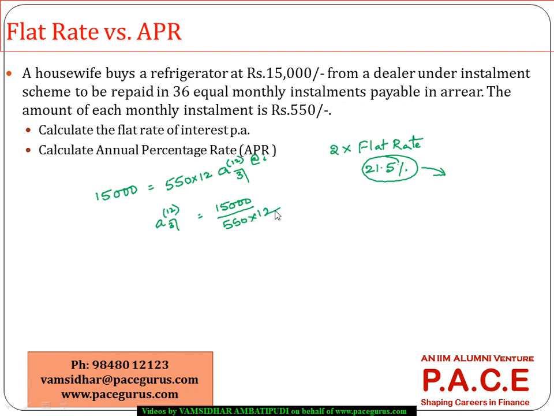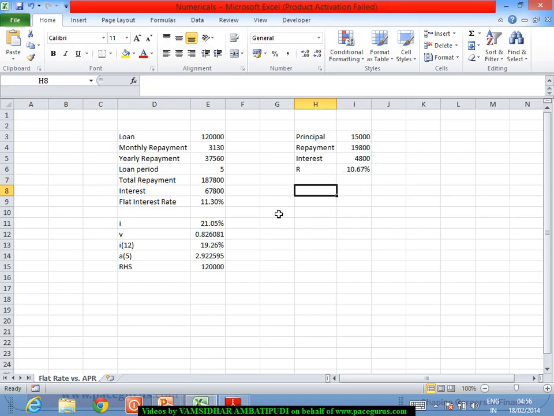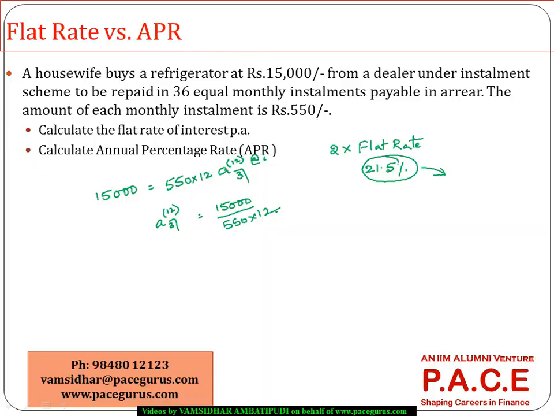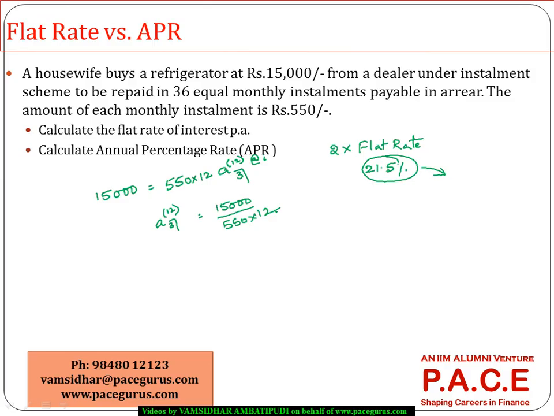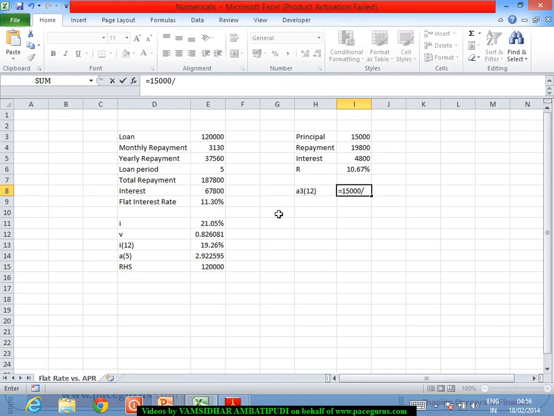So probably I can say from here A3 on a monthly basis is working out to 15,000 divided by 550 into 12.